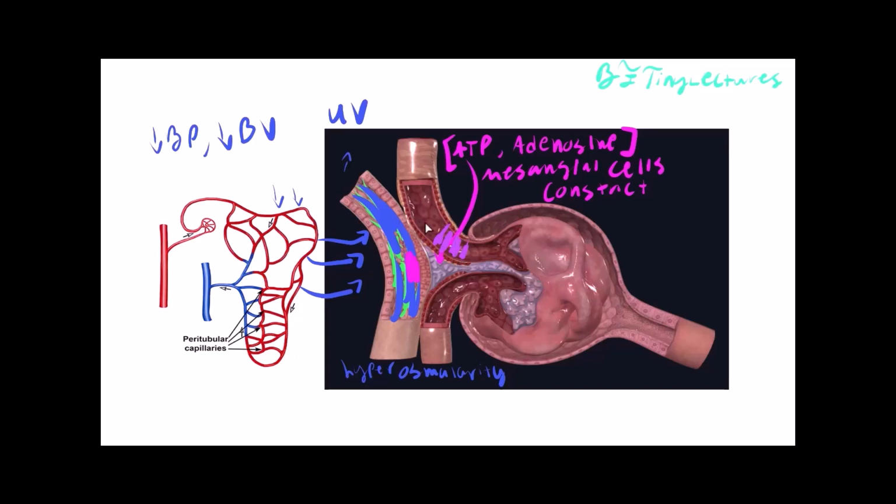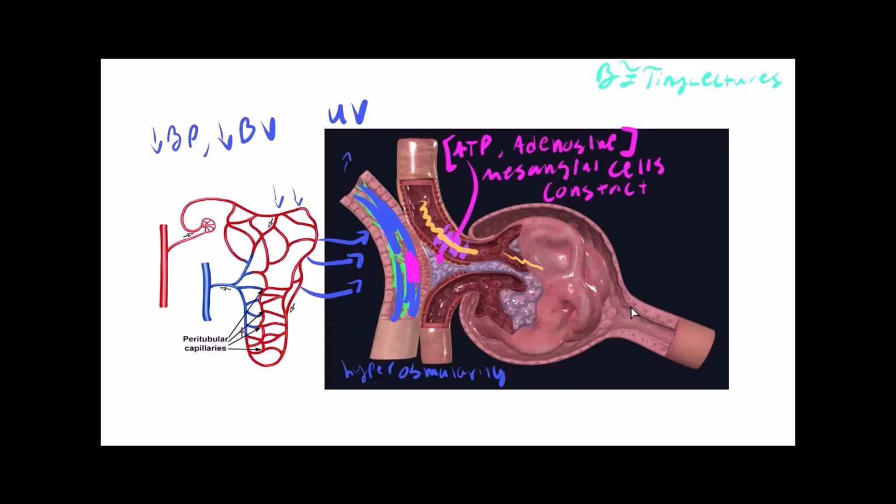When you narrow the afferent arteriole, the amount of blood that can travel decreases. So now there's less blood flow to the glomerulus. If there is less blood flow to the glomerulus, there is less solute being made. Less solute being made equals less urine formation.